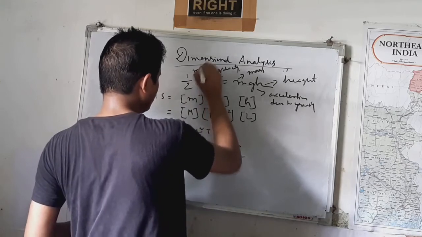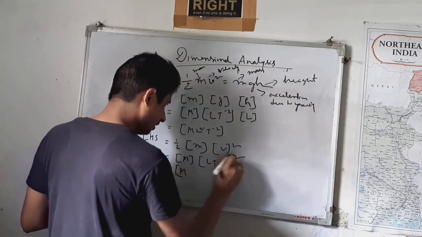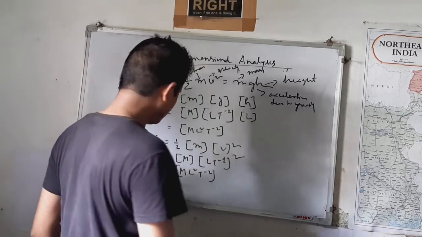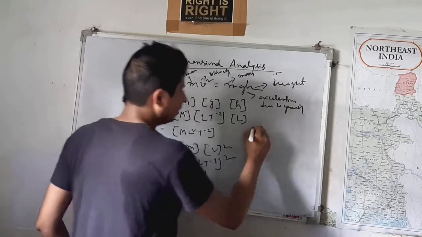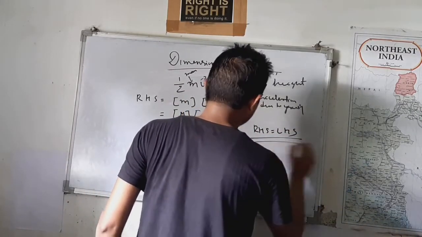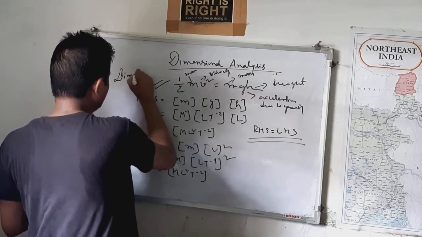M is mass. So again M L square T inverse of 2. So the right hand side is equal to the left hand side. So this equation is dimensionally correct.